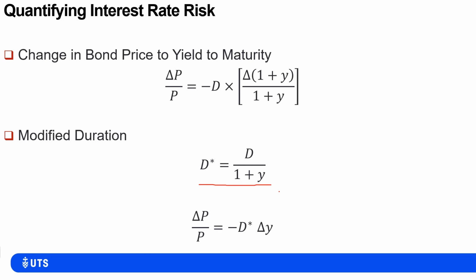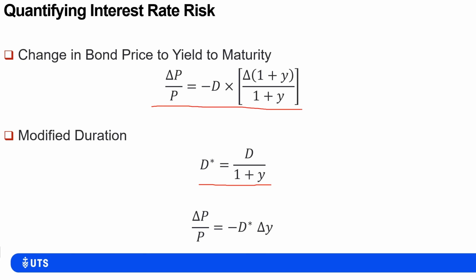One more thing I forgot to mention about Macaulay's duration is that in the previous slides we discussed its original form, its definition. Actually, if we do the mathematical transformation, we can obtain an alternative expression of Macaulay's duration.